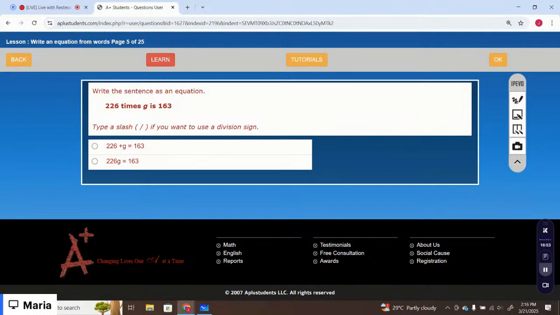Write this sentence as an equation. 226 times g is 163. Which is the correct option? 226g equals 163. Times means you have to multiply. So that is 226g equals 163. Option number 2 is the correct option.